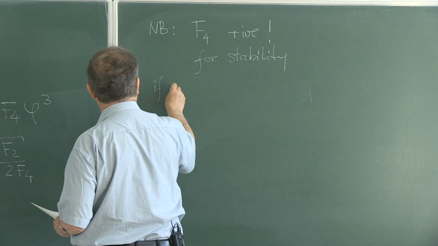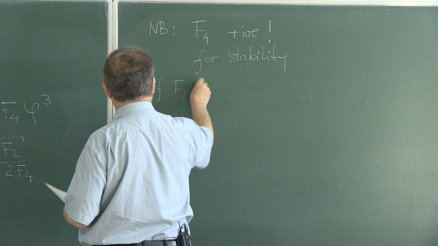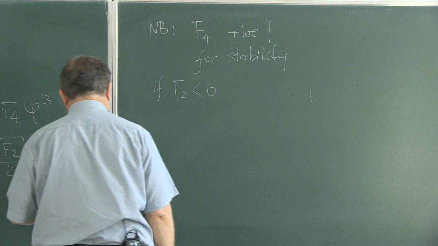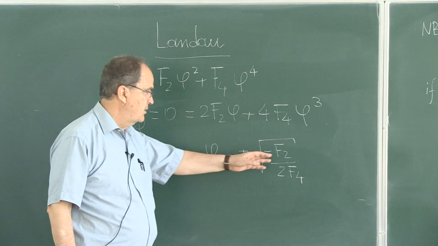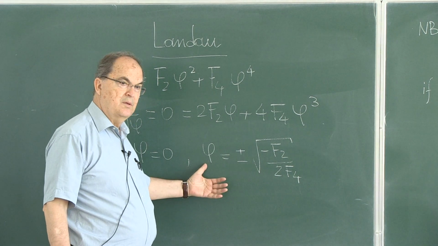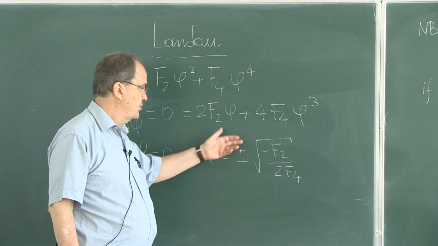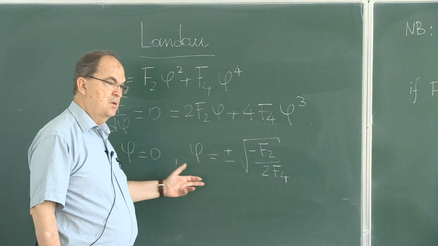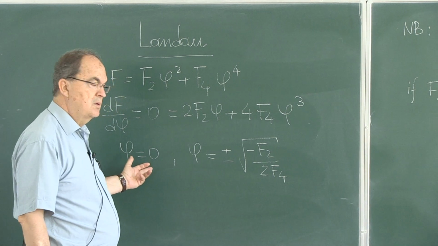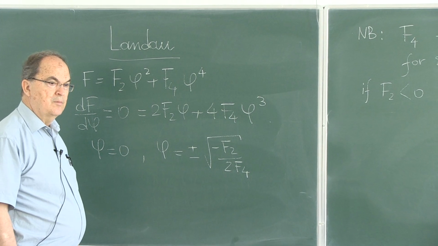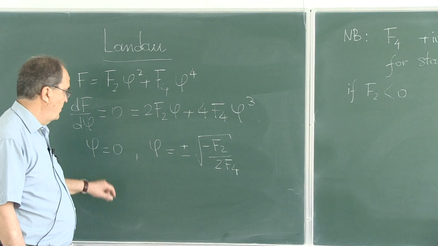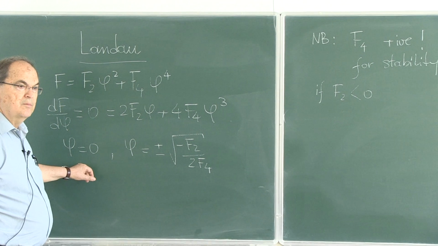Then we have two cases. If F2 is negative, we have three stationary points, aren't we? We have a positive solution for phi, 2 roots and a 0. If F2 is positive, we have only phi equals 0.